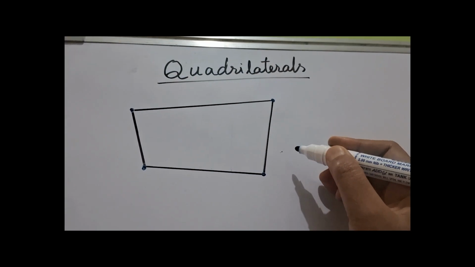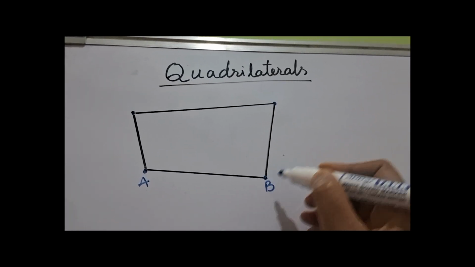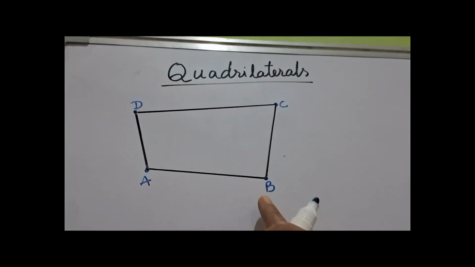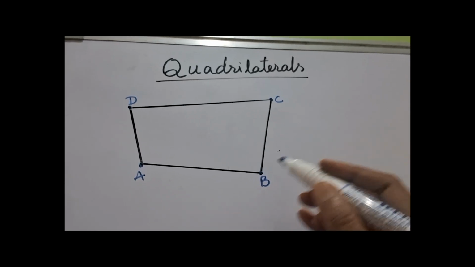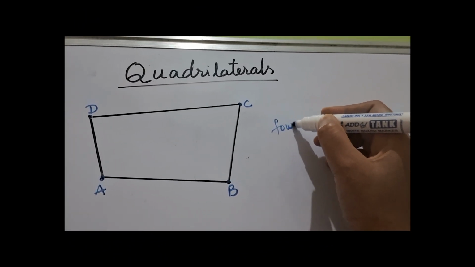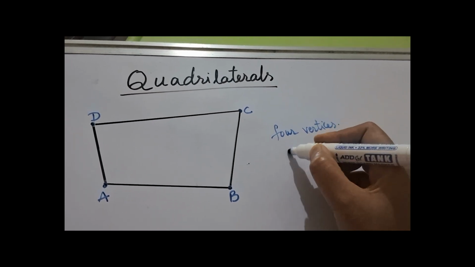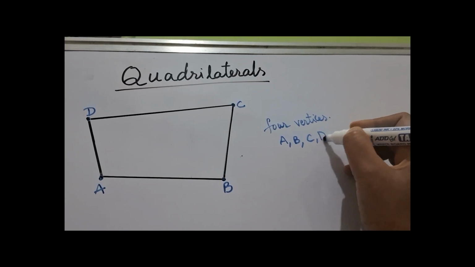And we will name these vertices as suppose A, B, C and D. A, B, C, D are the four vertices, and a quadrilateral is having four vertices, that are A, B, C and D.